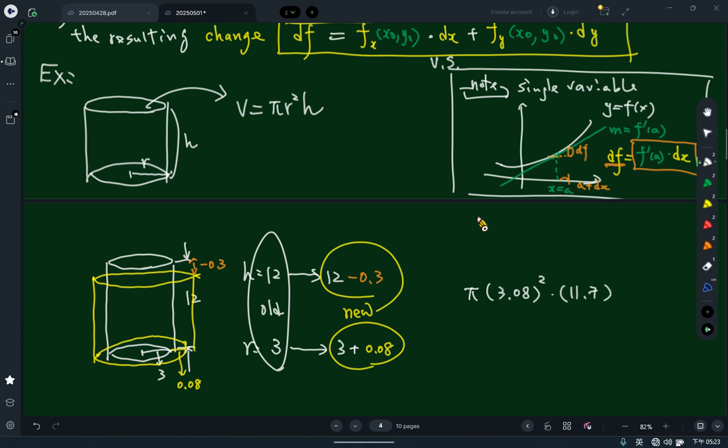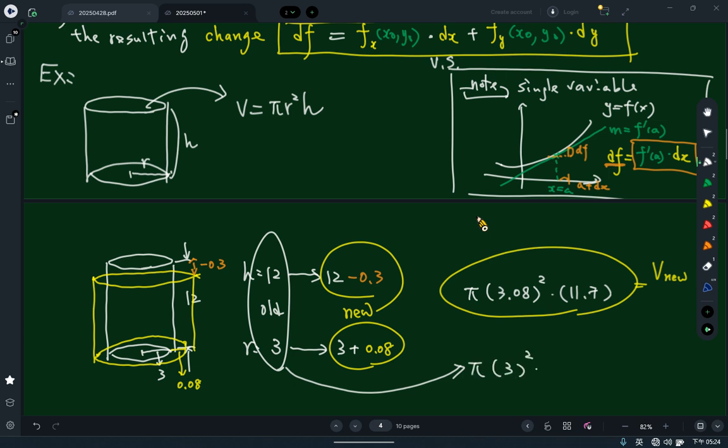This is the V for the new one. But for the old one, it will be pi r squared times 12.